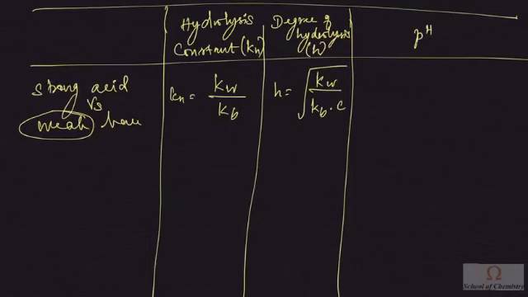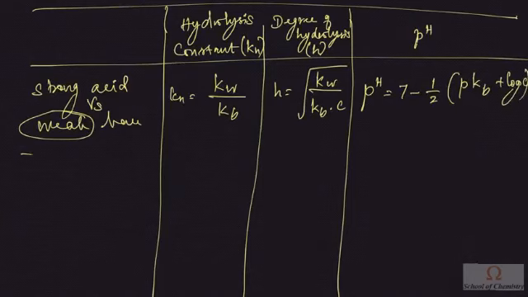And when it comes to pH, you need to consider the strong parent. Here acid is the strong parent, which means the pH must be less than 7. That's why I have minus here: pH = 7 minus half of pKb plus log C. So this is the formula.